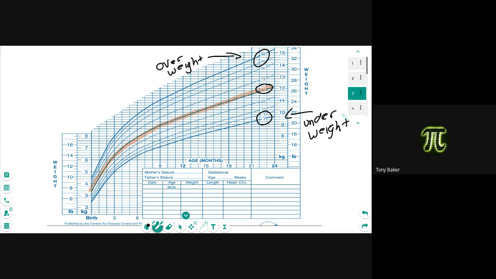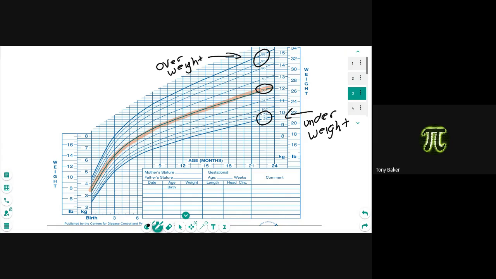So percentile tells you where you are. Now, depending on the percentile depends on what that means. In terms of the SATs, if you're in the 95th or 98th percentile, that'd be amazing. That means you're beating 95 or 98% of all the students who took the SATs. If you're a 24-month-old that is about 35 pounds, that means you weigh more than 98% of all the babies at 2 years old, which would not be a good thing.